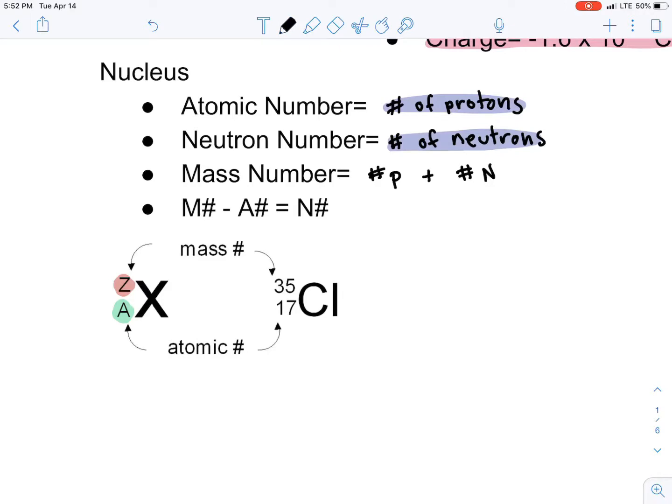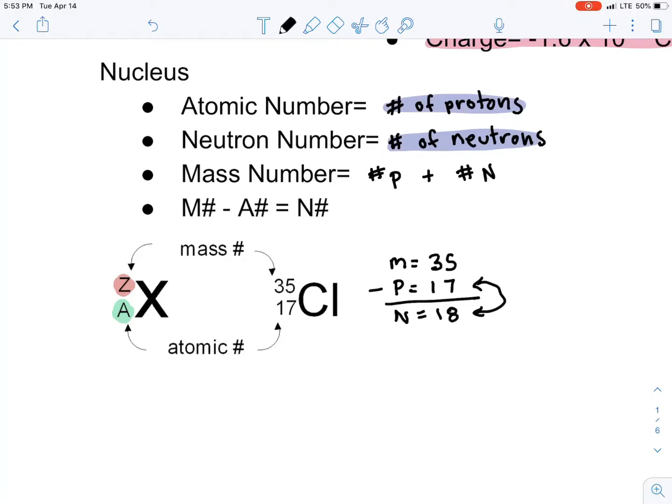So this is chlorine right here. And chlorine has 35 as its mass. The protons are 17. And so we subtract those. And the number of neutrons are what's left. And so if my internal calculator serves me correct, that's 18. So they don't have to be the same number.